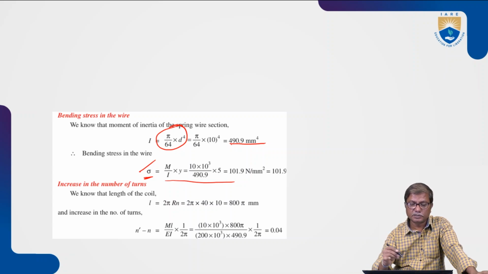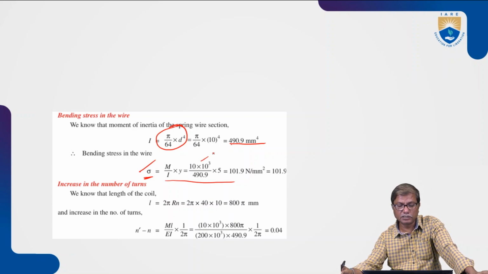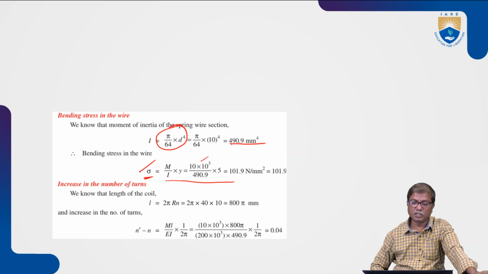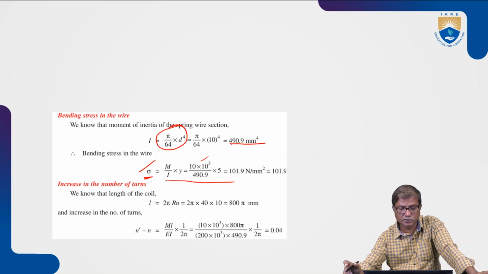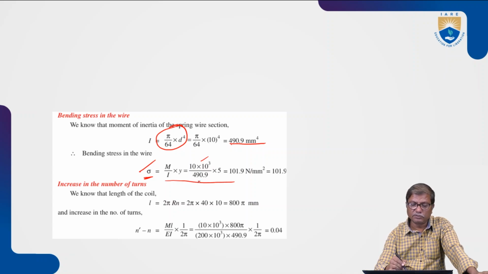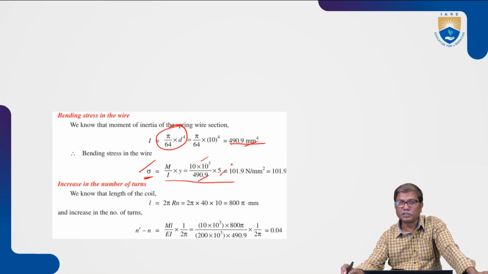Here m is axial twist bending moment, 10 kilonewton mm, so 10 into 10 cube Newton millimeters, and I value, y in millimeters.